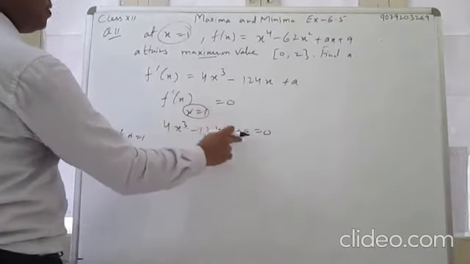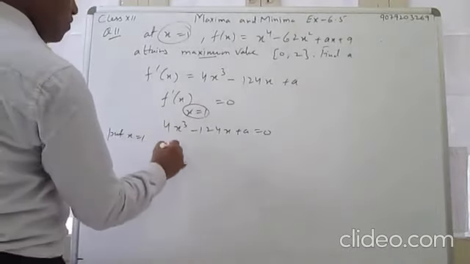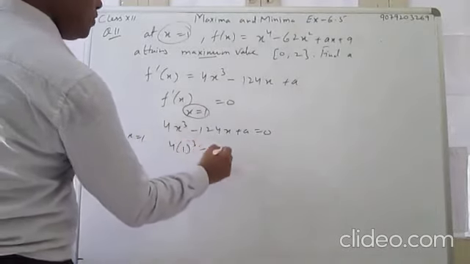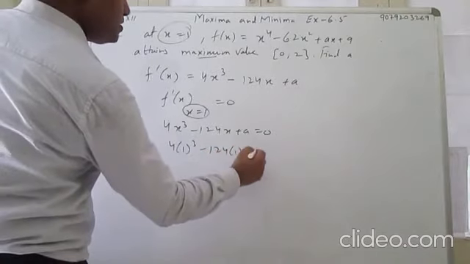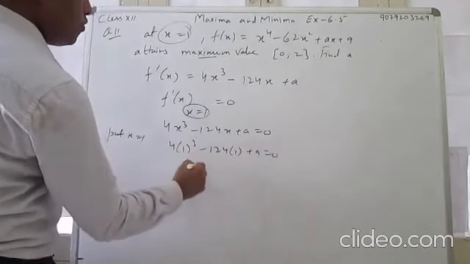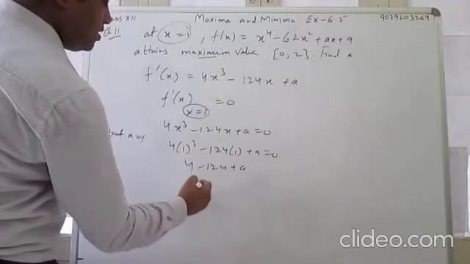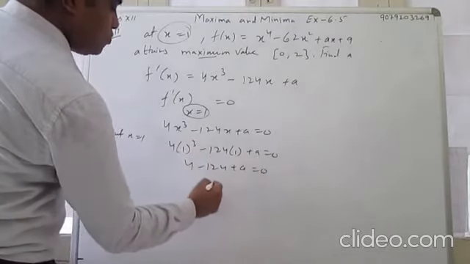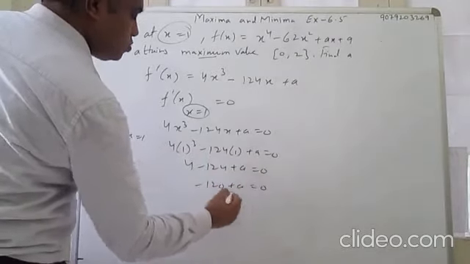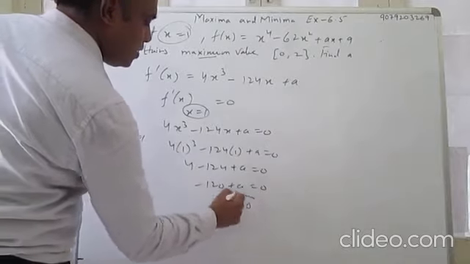It is a critical point of this. So 4 times 1 cube minus 124 times 1 plus a. So it is 4 minus 124 plus a, which is equal to 0. Minus 120 plus a is equal to 0. So a is equal to 120.